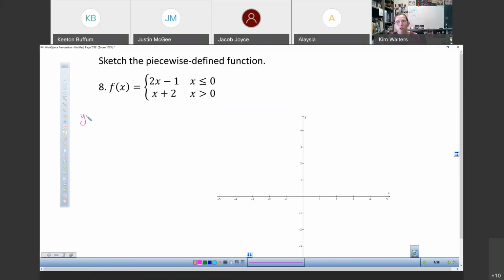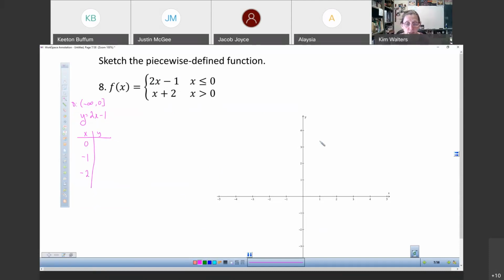Excellent. So let's look at graphing this. The first one is y is equal to 2x minus 1. That's my linear equation, and it is for all of my values that are less than or equal to 0. Notice that square bracket there. I'm going to have that table of values, and I'm going to use 0, -1, and -2, just because those are values that are less than or equal to 0.